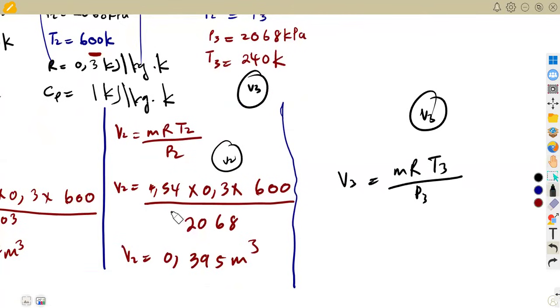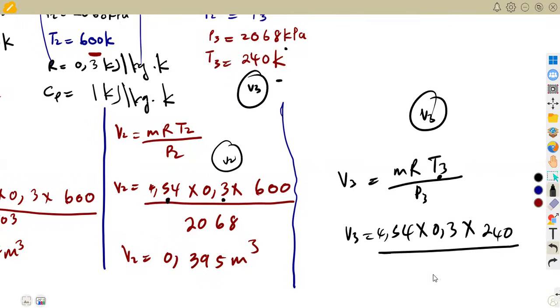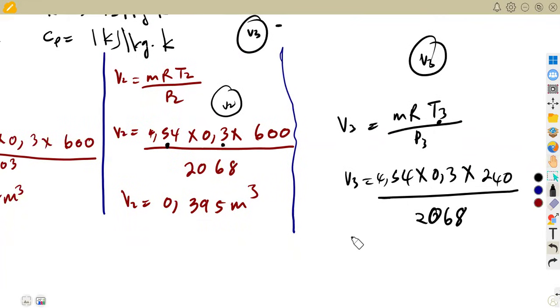So there we can calculate our V3. The mass does not change, still 4.54, times R, which also does not change. It is the temperature that has changed, to 240, and the pressure is still at 2068. So we are going to obtain our V3 from that.